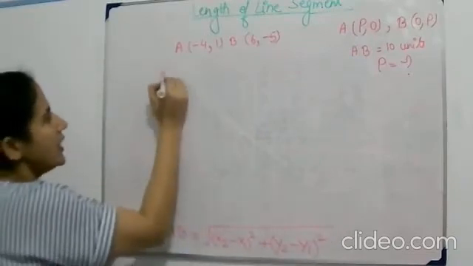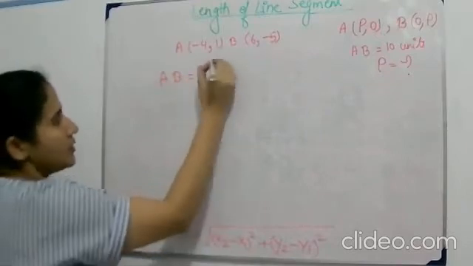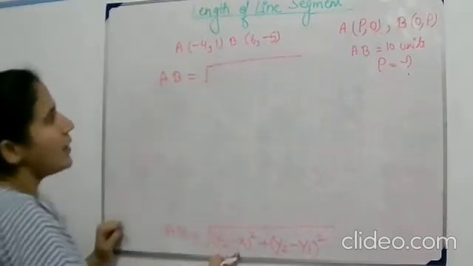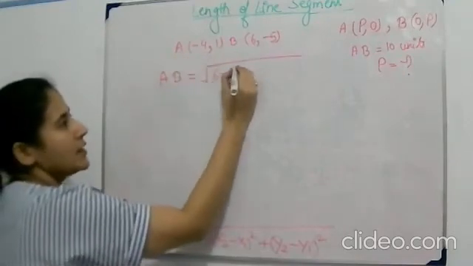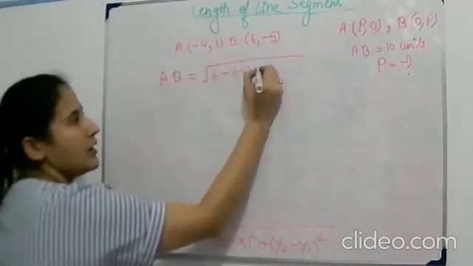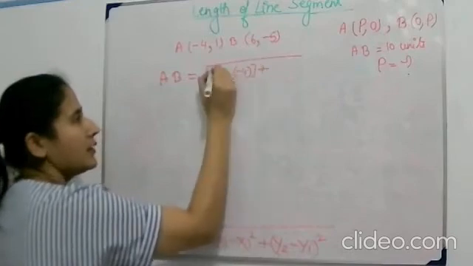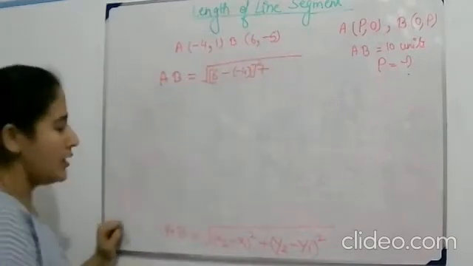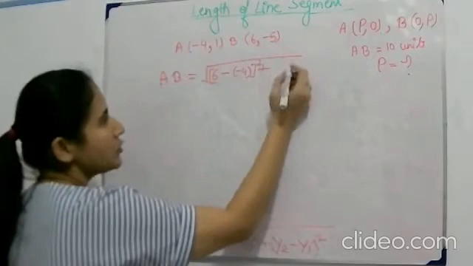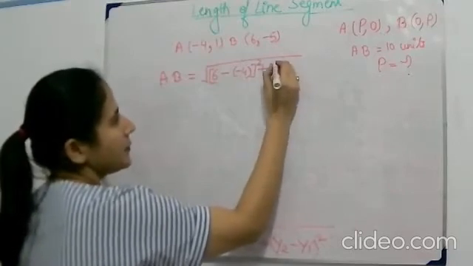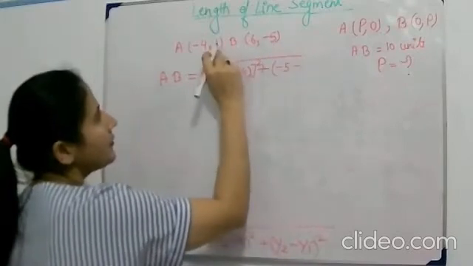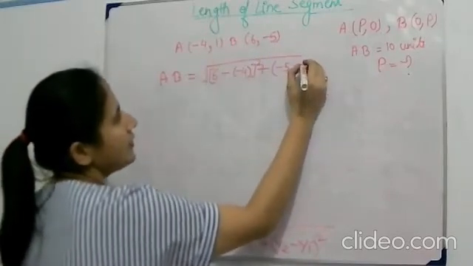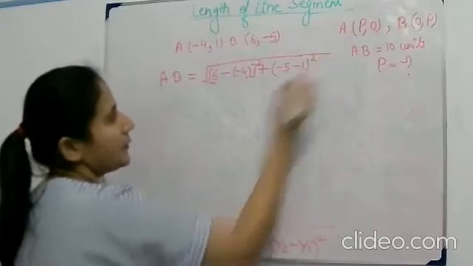Solve this. AB is equal to the square root of (x2 minus x1), 6 minus (-4), square, plus (y2 minus y1) square.